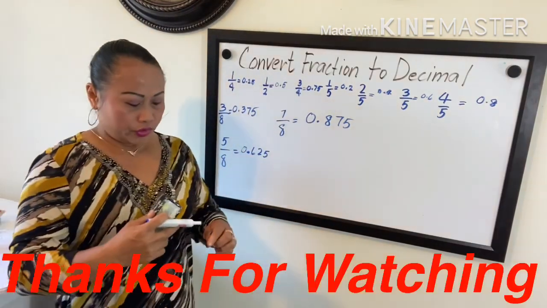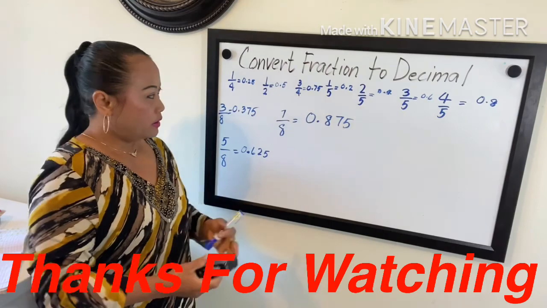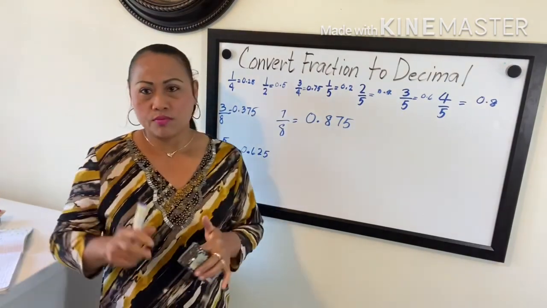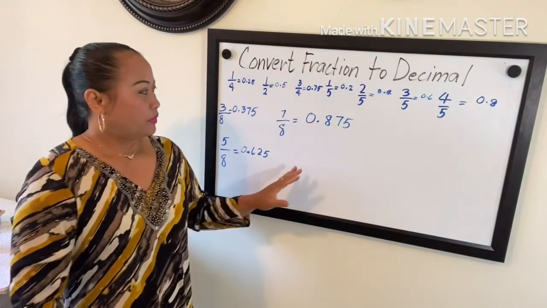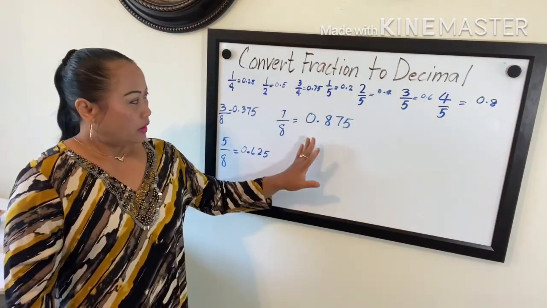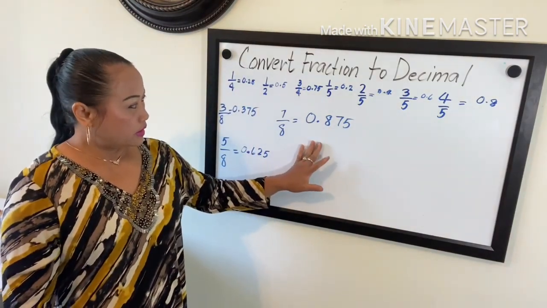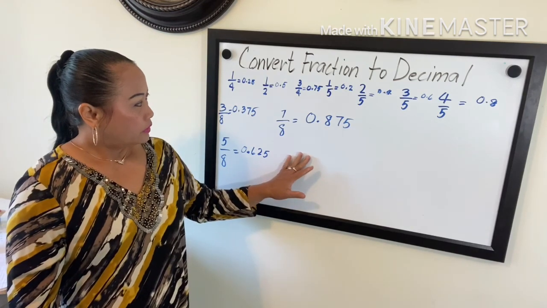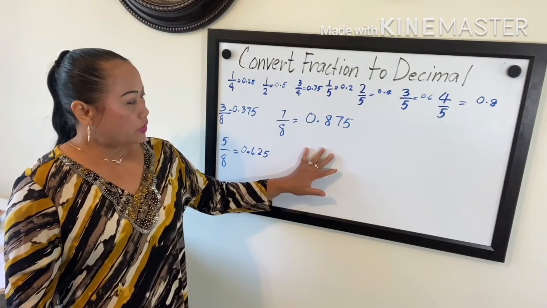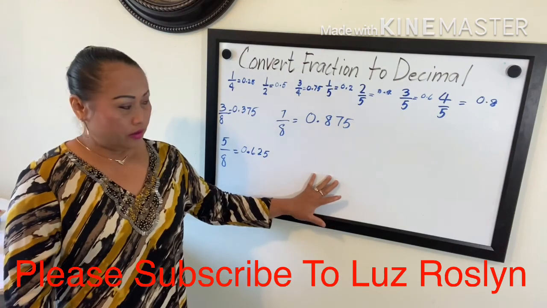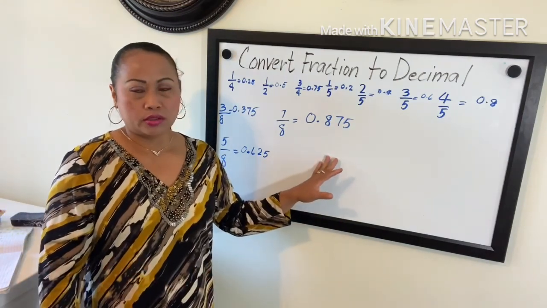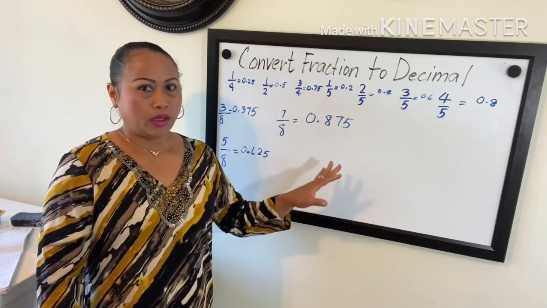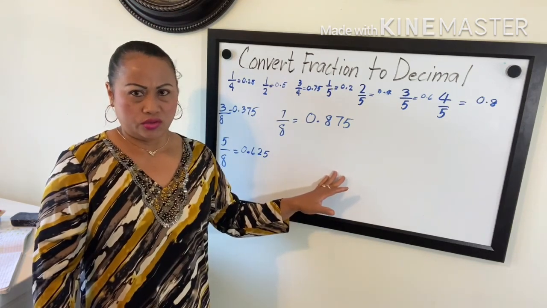That's all for today, and give me a thumbs up if you learned this lesson. This is simple. As we talked about, when we divide, the operations involved here are division, multiplication, and subtraction.